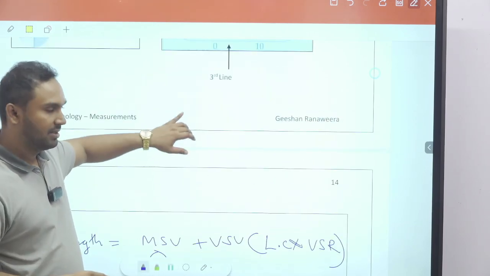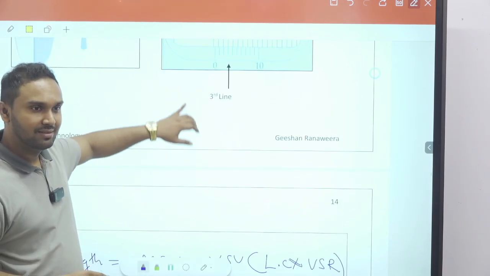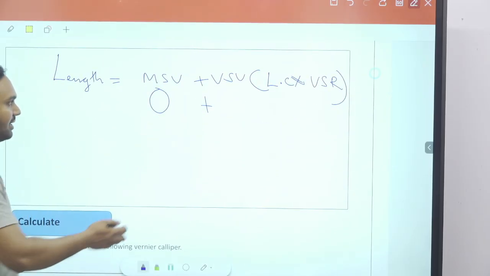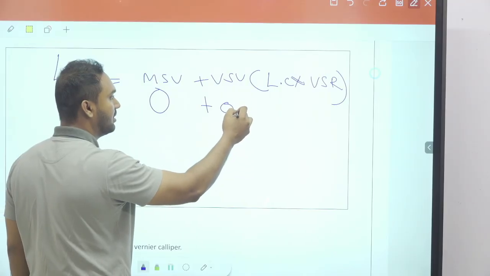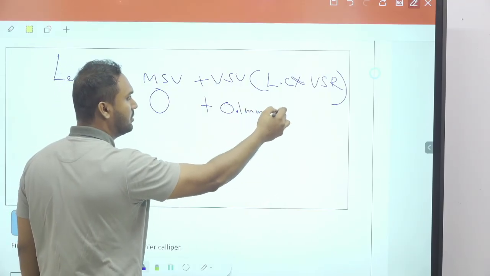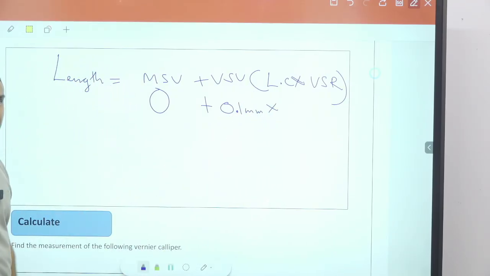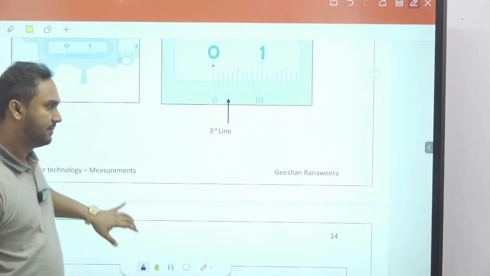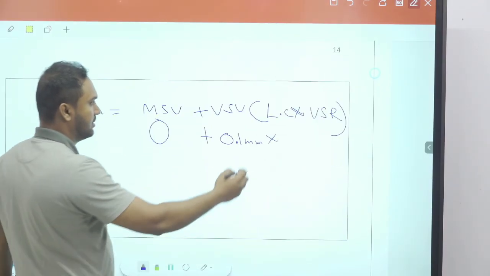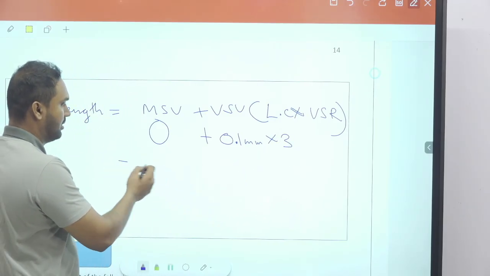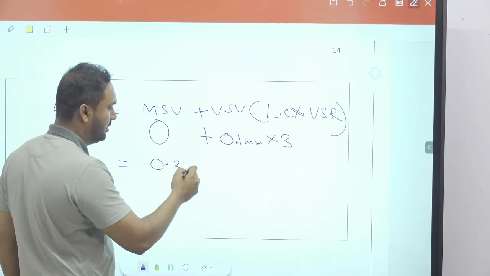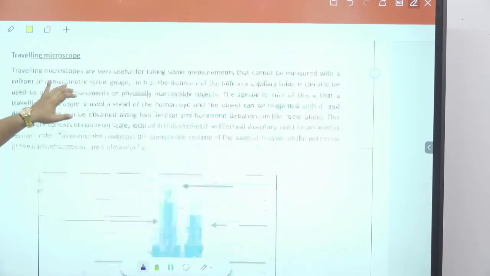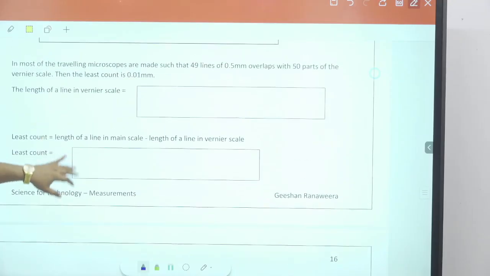You already know it. So 0.1 millimeter into how many lines have aligned? 3 lines have aligned. So what do you get here? 0.3 millimeters, right? There will be more difficult questions than these; these are the basics.